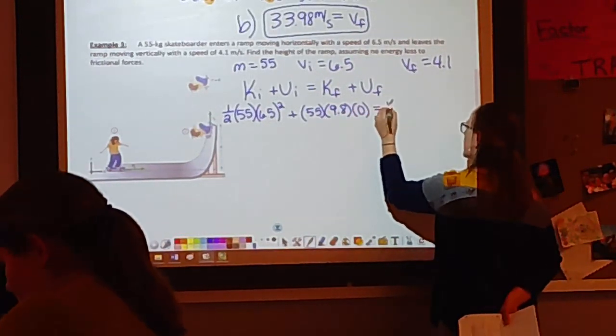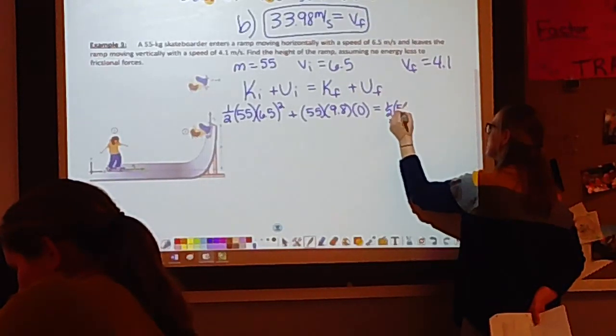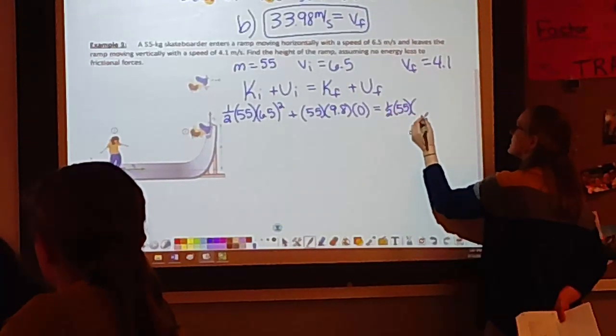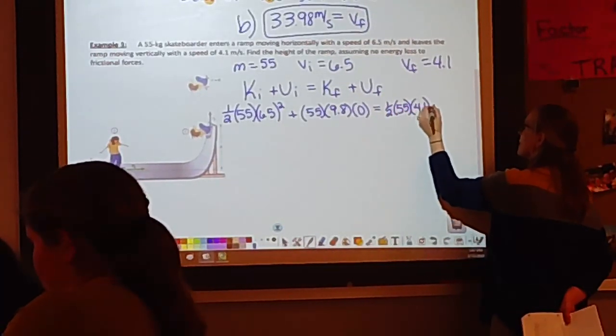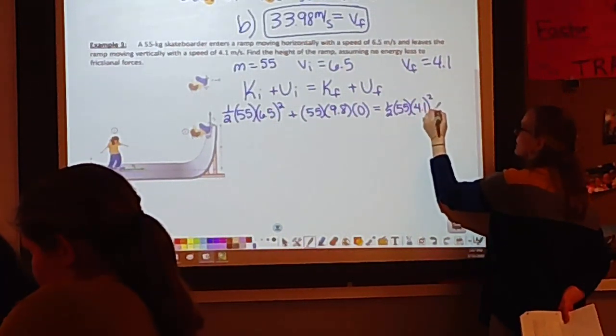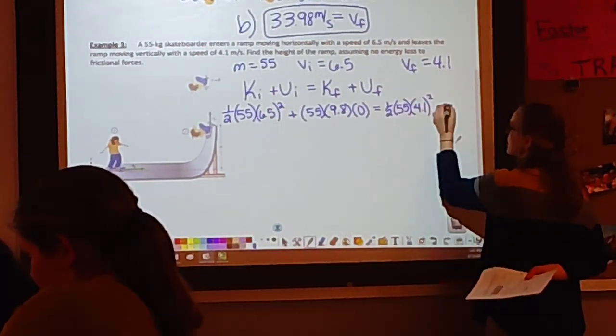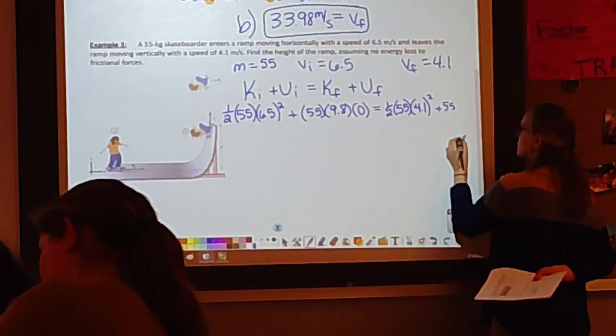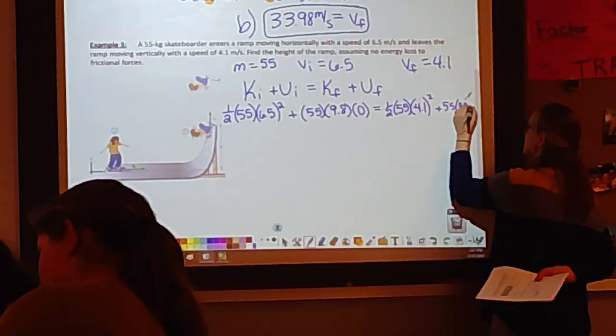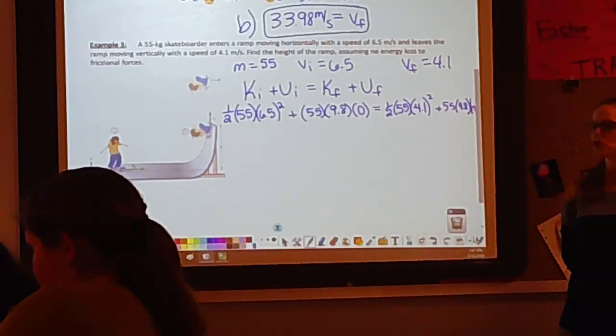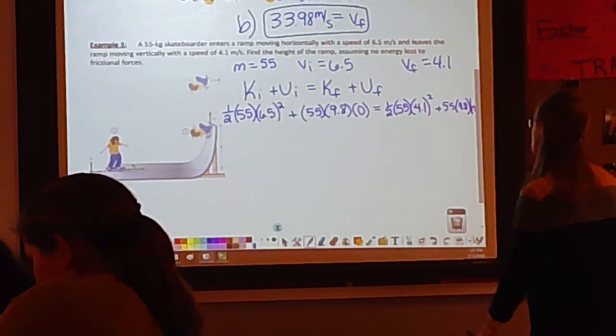Good. Equals 1/2 his mass times his final velocity squared, plus his mass times gravity times an unknown h. Solve for h. Use those algebra skills.